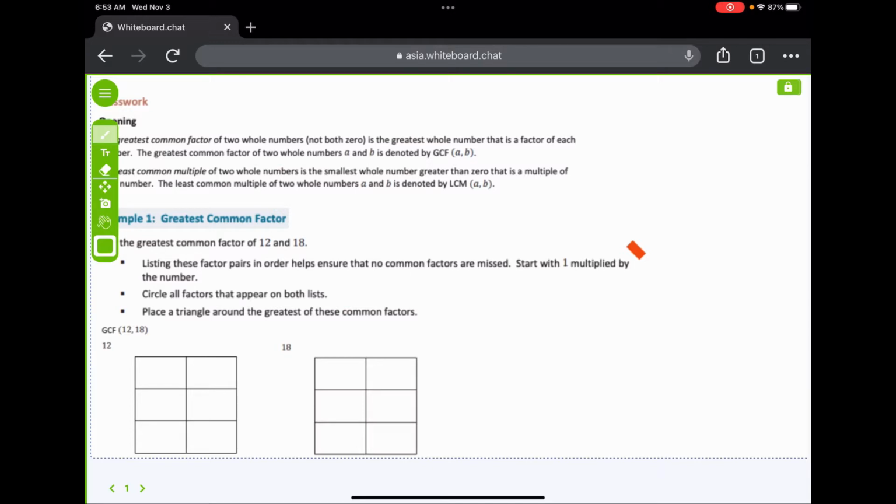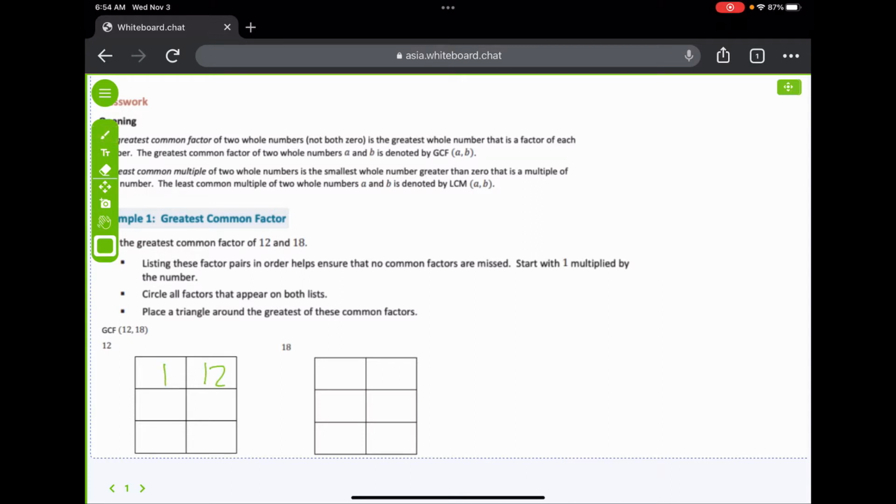Listing these factor pairs in order helps ensure that no common factors are missing. Start with 1 multiplied by that number. We've done this a little bit before, but here it is. For 12, we have 1 and 12.